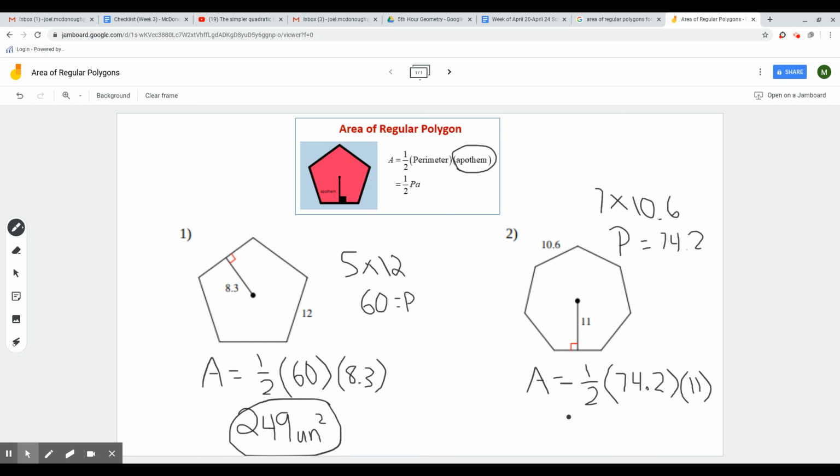And that gives me 408.1. Because, again, this isn't labeled, I would use units squared. So that would be my area, 408.1 units squared.